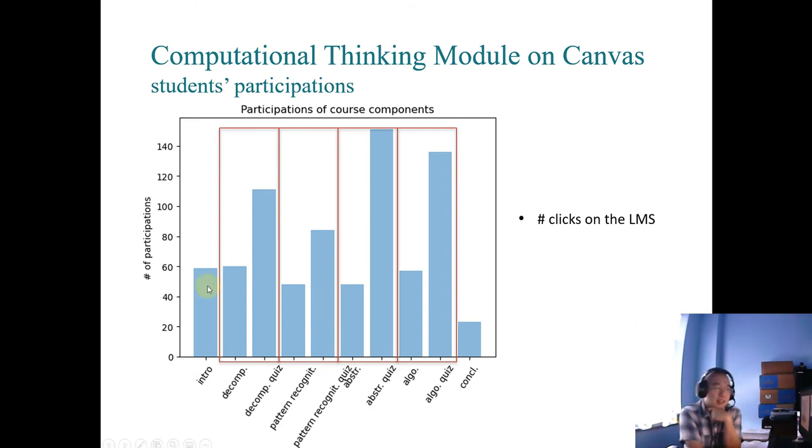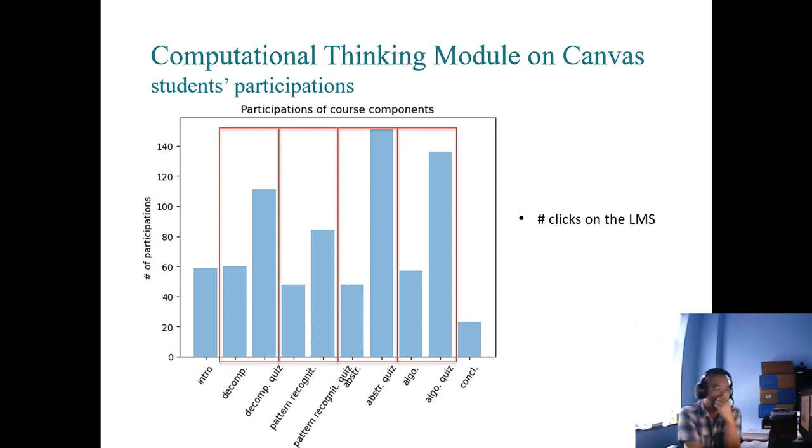The first bar is the introduction page, followed by the decomposition page and the decomposition quiz. So a page, then the quiz, then another page and another quiz.